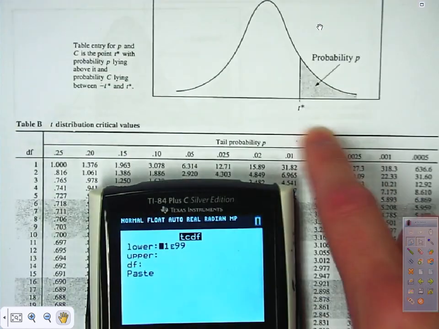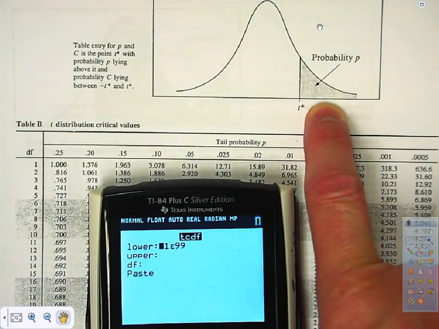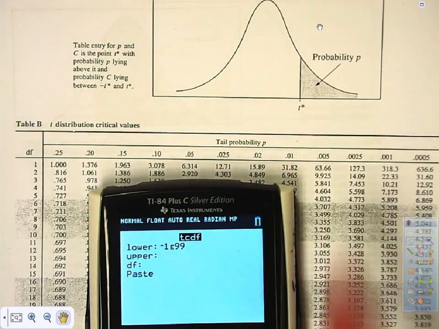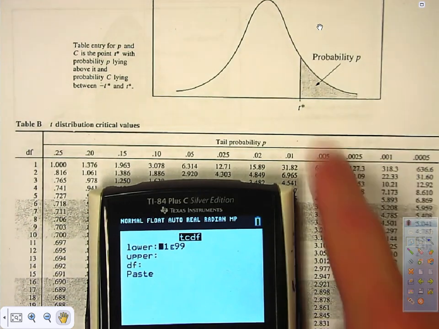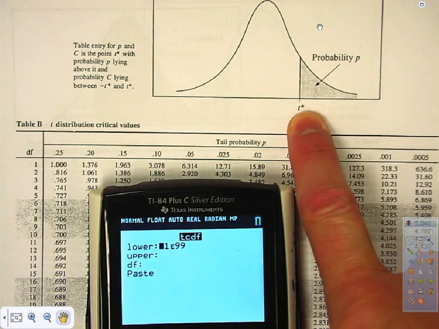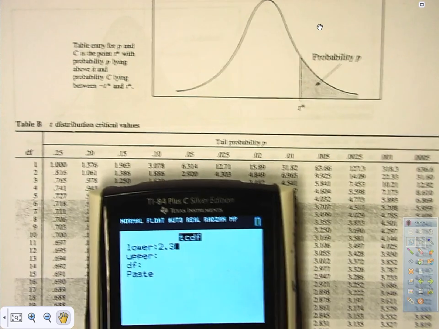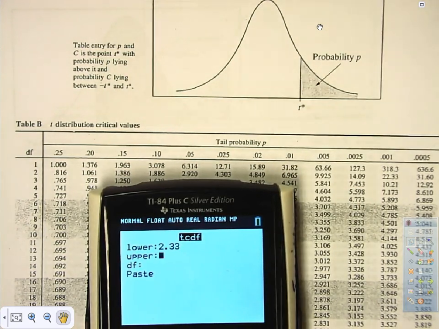Now, because table B uses the upper tail probability, and our test statistic was 2.33, our lower bound is going to be 2.33, and our upper bound is going to be something that will put us out in that tail quite a bit, so we can make it 100. And it does ask for the degrees of freedom. And so we're not going to type in 75, we're not going to type in 60. We're going to type in the actual degrees of freedom, which is 74.